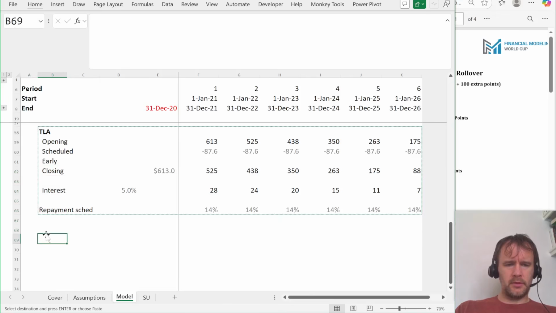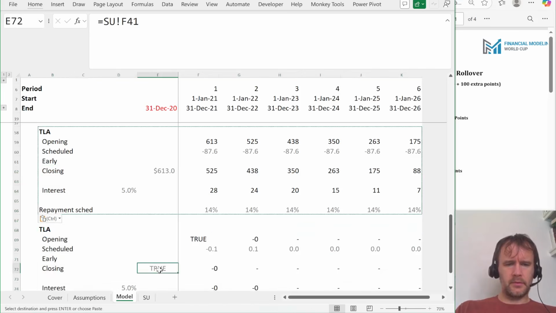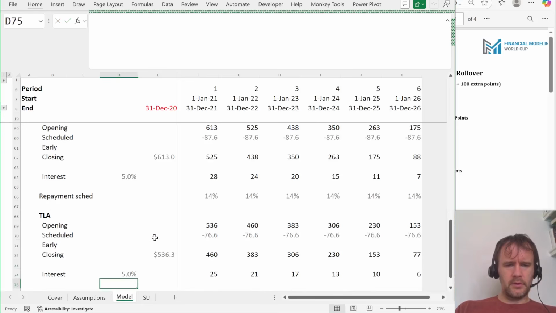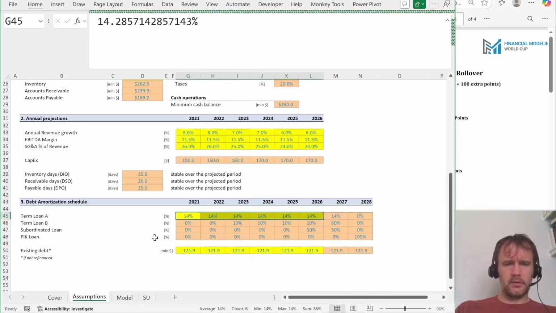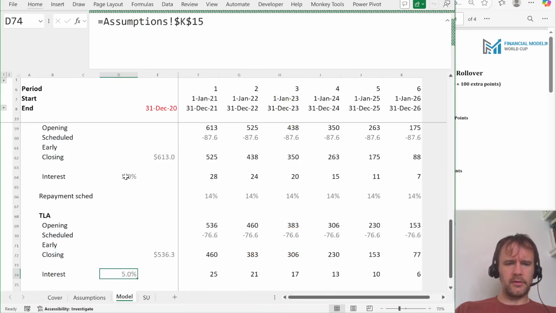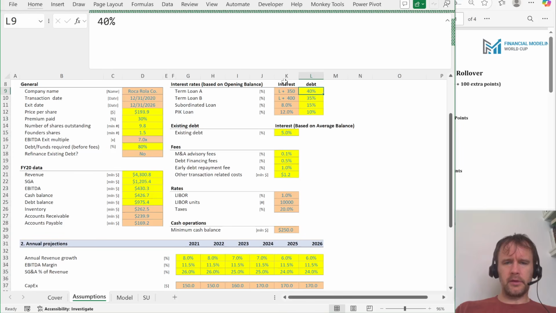Let's go TLB. Right. So closing, link to here. The interest, we'll go get it. Oh, hang on, sorry, I haven't updated either of these. That's not good. So L plus 350 is this just, yeah, it's just formatted as a number, so it's just going to be this lock plus this over this lock.